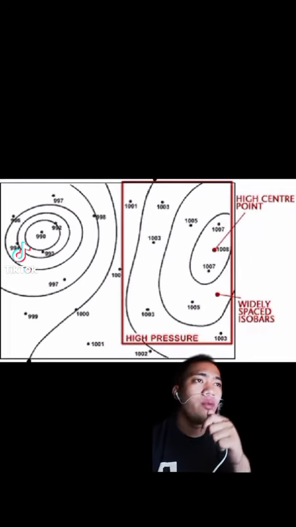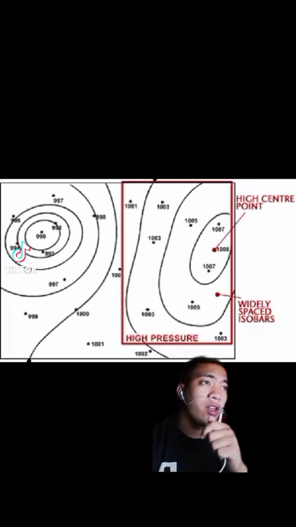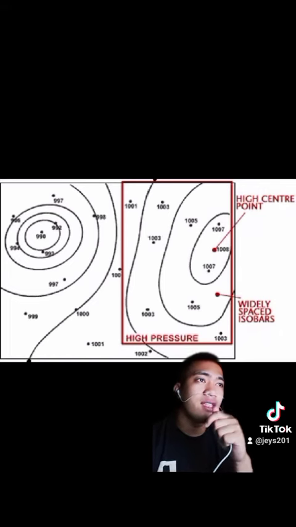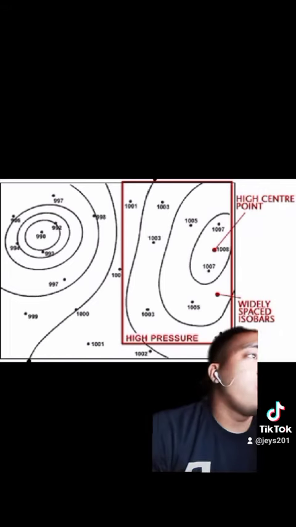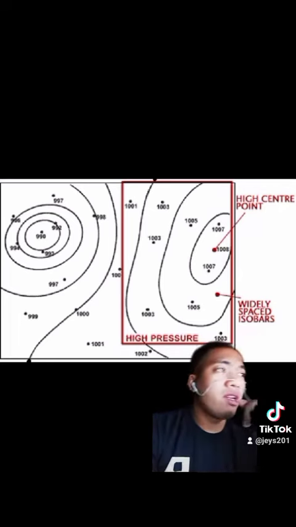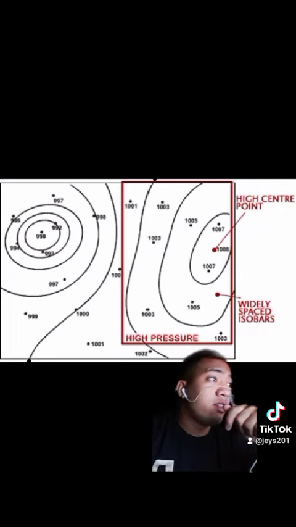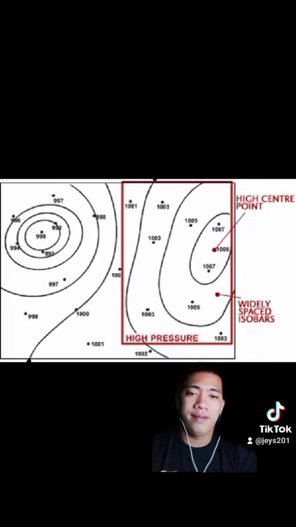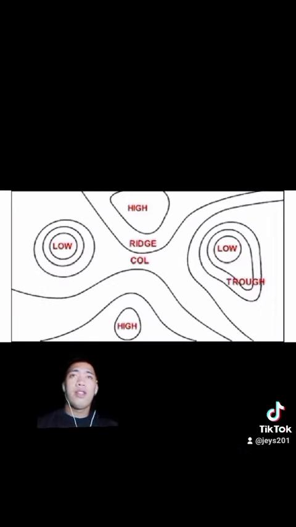But to be able to predict and forecast weather, it is necessary to understand the isobaric patterns associated with fronts and depressions, anticyclones, and high-pressure ridges. Meteorologists plot isobaric patterns on synoptic charts.